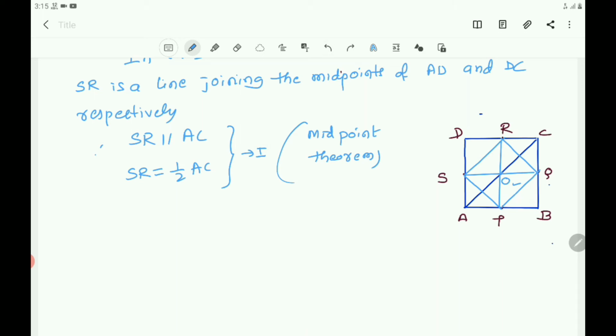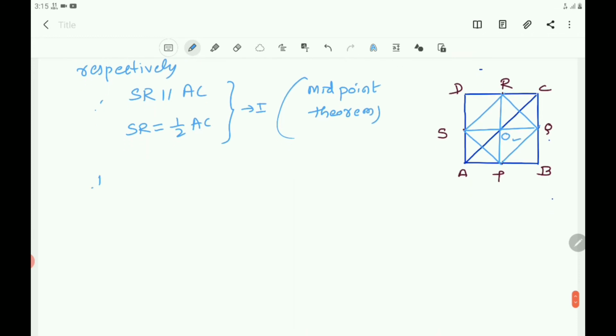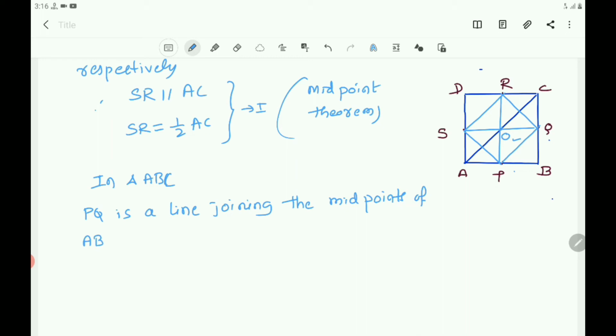In triangle ABC, PQ is a line joining the midpoints of AB and BC respectively.